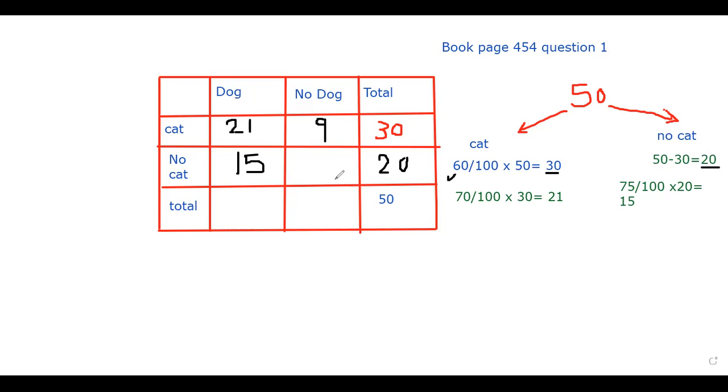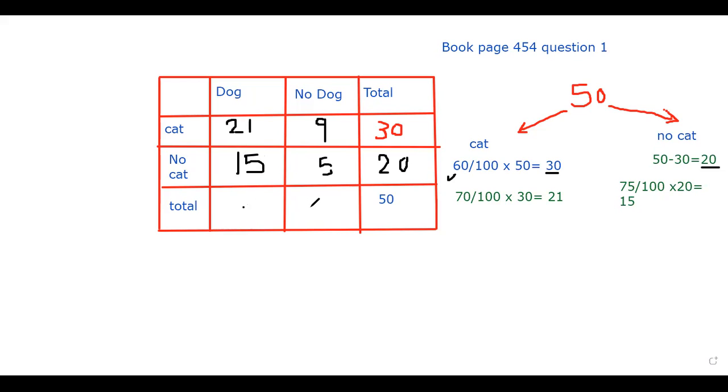Now, how will we fill the space? How many students don't have a cat and don't have a dog? How many? 5. Why? Because at the beginning we have 20, and 15 of them have a dog. Then 5 don't have a dog.